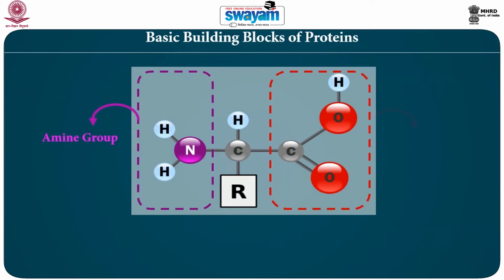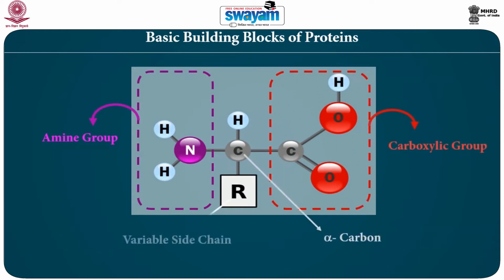Basic building blocks of proteins. Amino acids are basic building blocks of proteins. What we have is a central carbon, an asymmetric carbon, which is called C alpha.